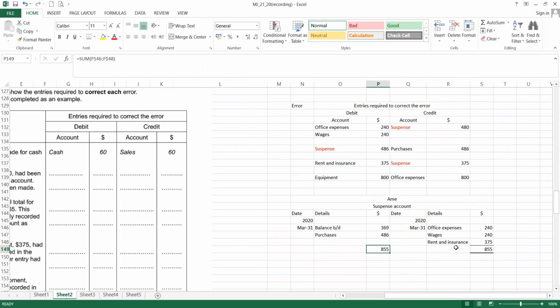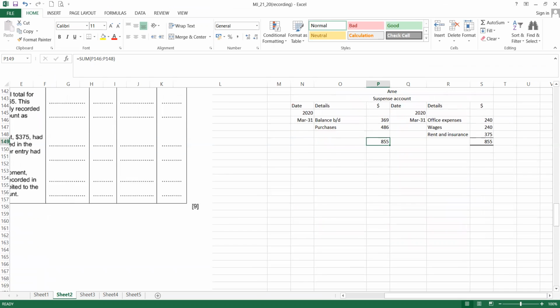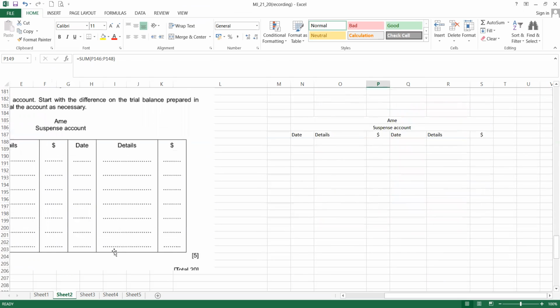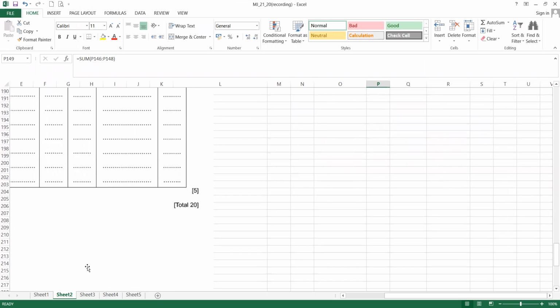Most of the time, the suspense account in the exam, they seldom give you a difference after you put in all the adjustments. The total debit and credit should be the same. But sometimes in the exam, they show the difference. But when they show the difference, normally in the question, they still continue to ask something behind.